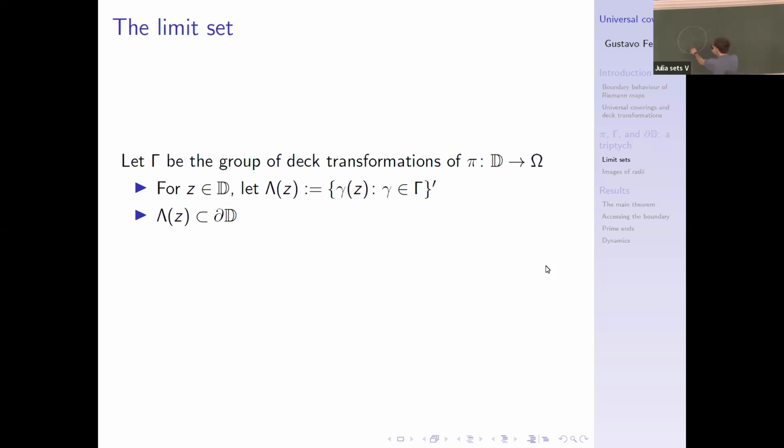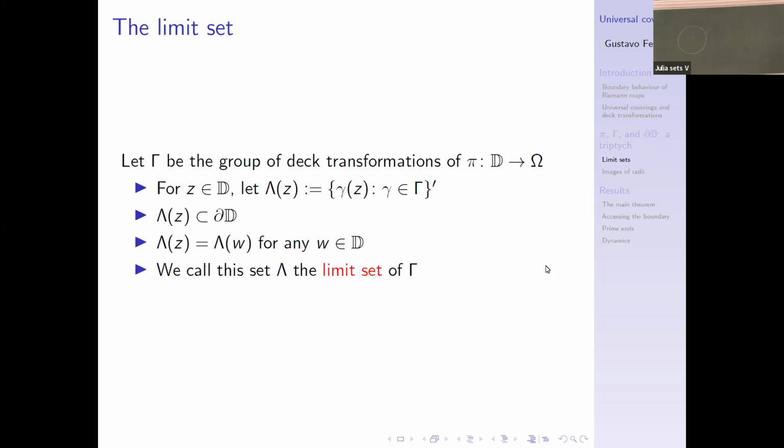So in here, I'm just going to have a bunch of discrete points and a bunch of accumulation points on the boundary. And because of how the hyperbolic geometry of the disk works, I will get the same set regardless of which point I pick to start iterating. And we call this set lambda, the limit set of gamma.